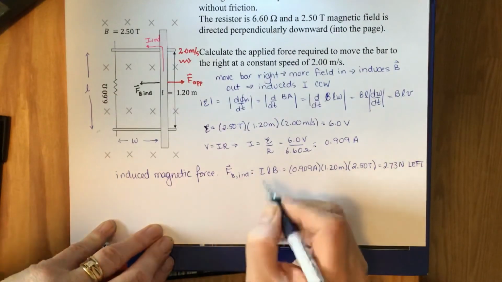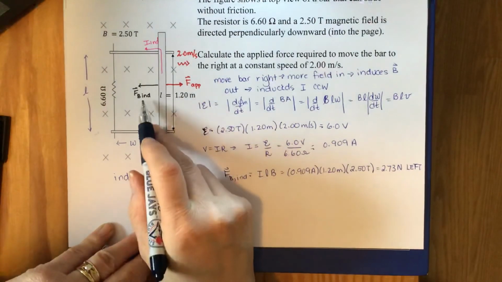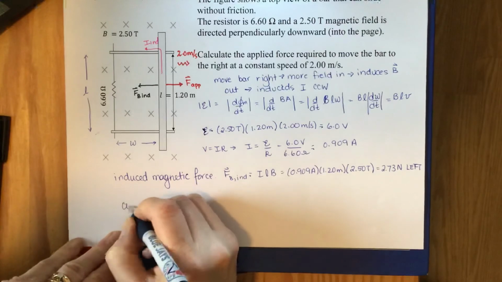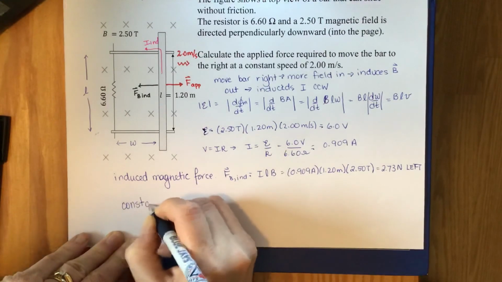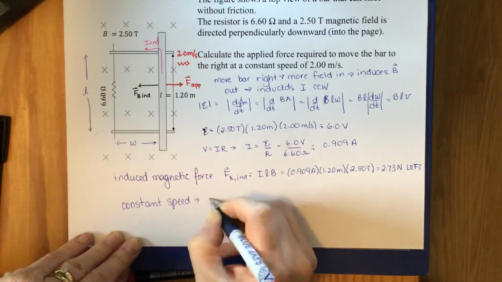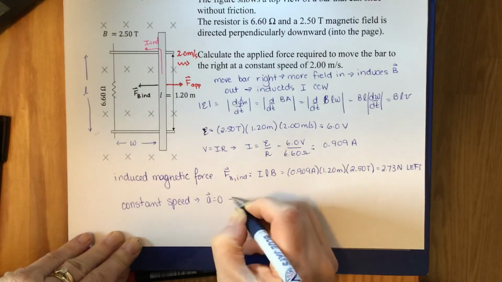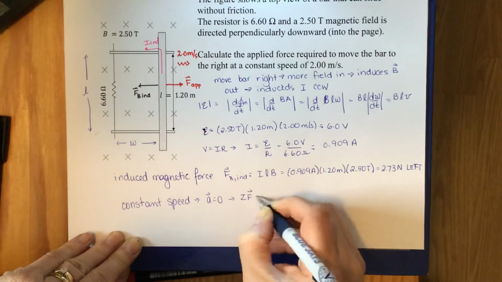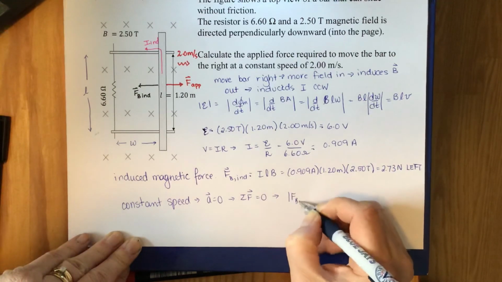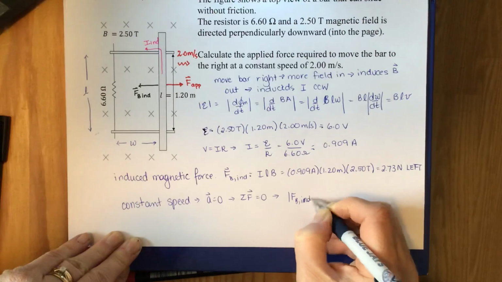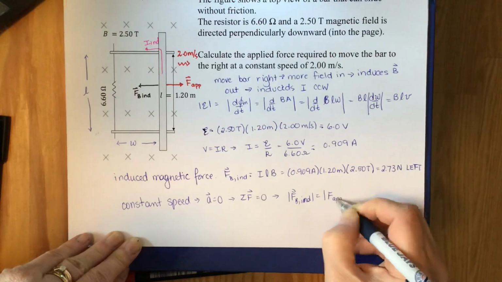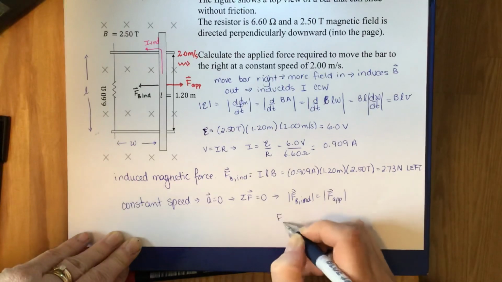The last thing is to find the applied force, because we already found the magnetic force. We know that it moves with constant speed. Constant speed means the acceleration equals 0, which means the net force equals 0, which means that the size of the induced magnetic force has to be equal to the size of the applied force, and they have to be in opposite directions.